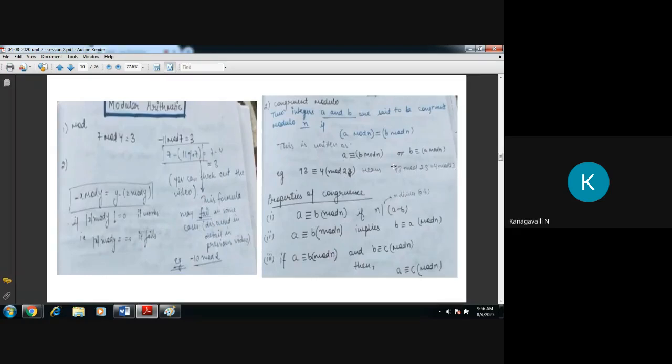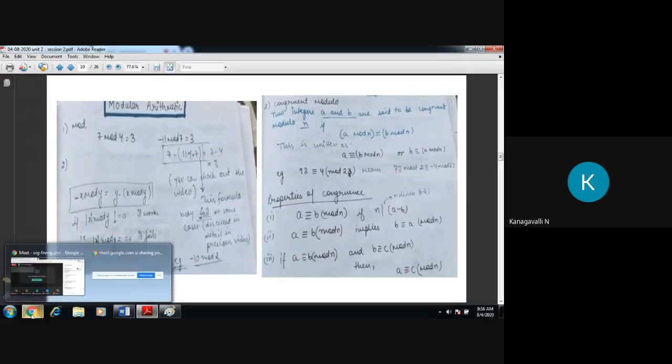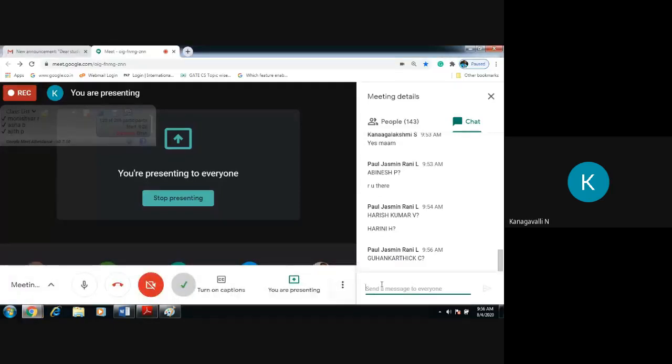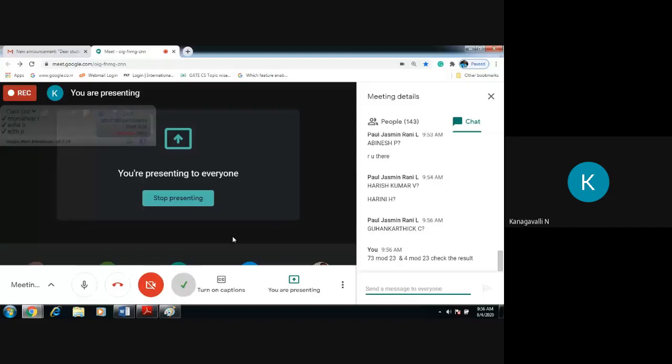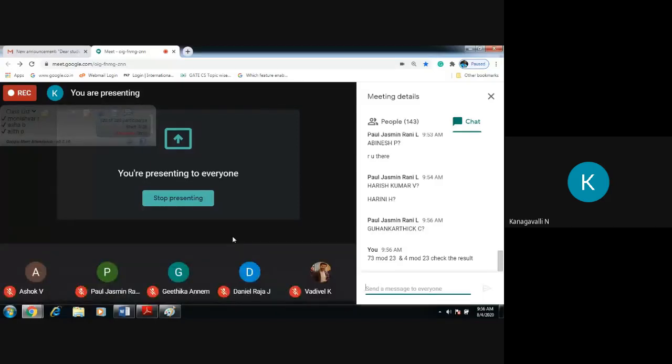Check your answer. 73 mod 23 and 4 mod 23. Check the result and say the answer immediately. 4 mod 23, you know directly the answer is 4, right? Because it is a lesser value comparing to your mod. What is that?